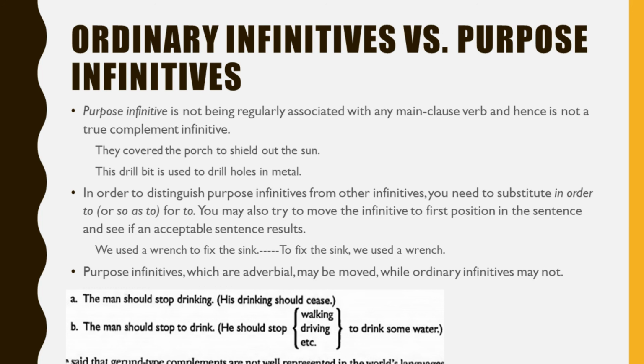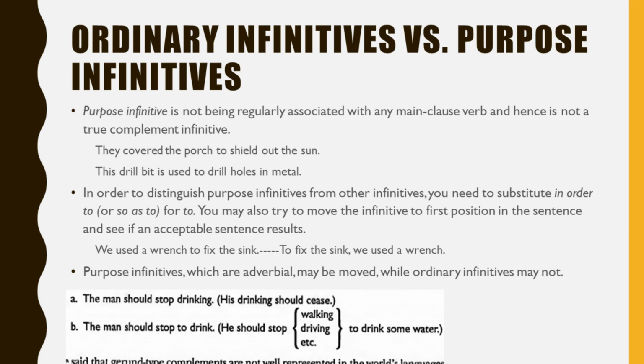Easily one of the most confusing alternations for learners concerns the verb stop, which takes a gerund complement in one context but often appears with a purpose infinitive following. Note the difference in meaning below. Letter A, the man should stop drinking: his drinking should cease. While in letter B, the man should stop drinking: he should stop walking or driving, etc., to drink some water.